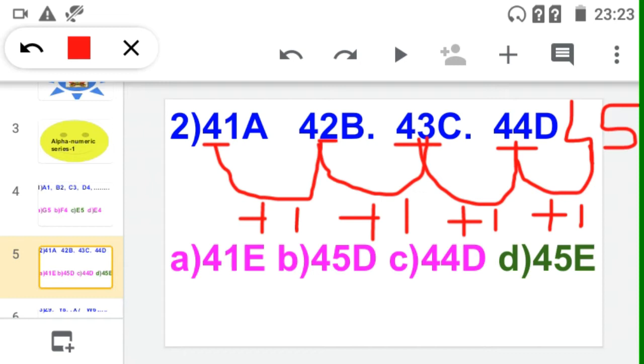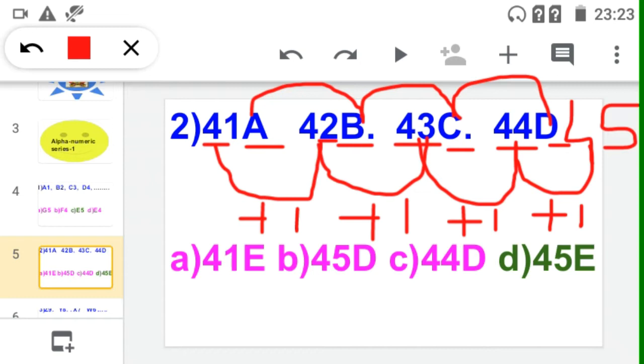Correct. Now see, in the first term, A after B is there. Then B after C is there. Then C after D is there. So these alphabets are what? Continuous. Correct. These alphabets are continuous.